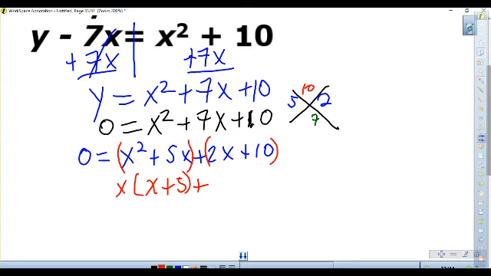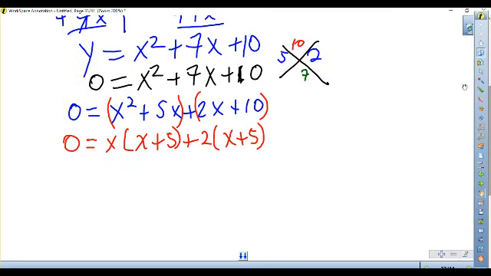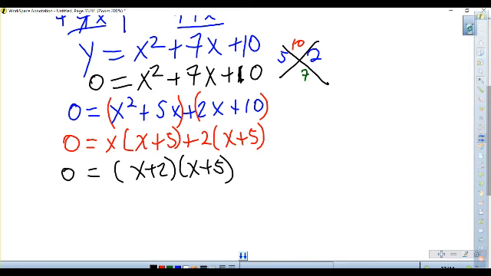And then that would be 2, and then x plus 5. Hannah, tell me what to write. 0 equals open parentheses x plus 2 close parentheses times open parentheses x plus 5 close parentheses. Lisa, continue. Tell me what to write.